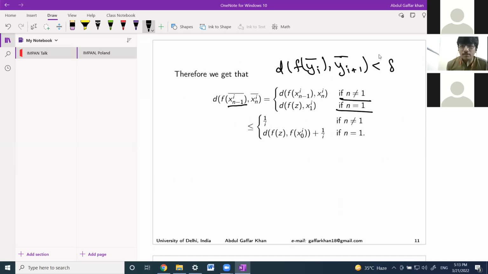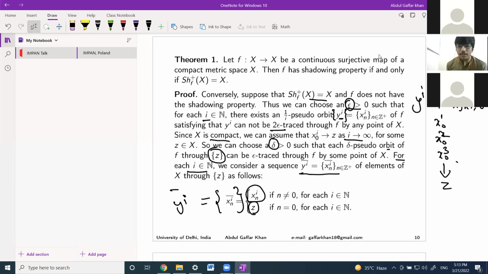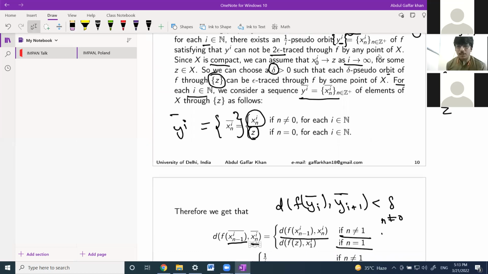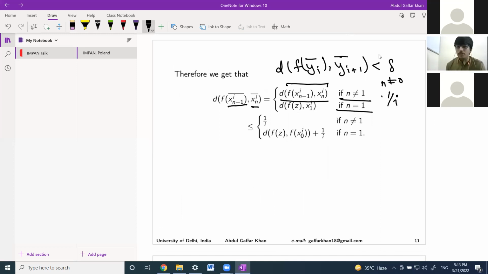The distance between x_{n-1}^i bar and x_n^i bar is the same as before, because we assumed that if n is not equal to 0, then x_n^i bar is x_n^i. Only the initial coordinate has been replaced with z. Since y_i is a 1 upon i pseudo orbit, this distance is less than 1 upon i.